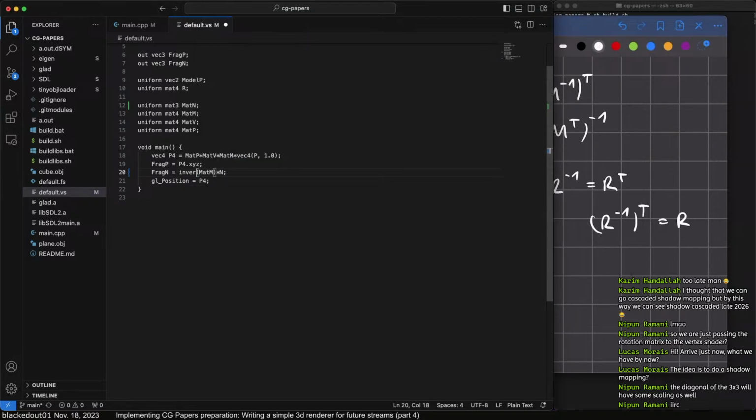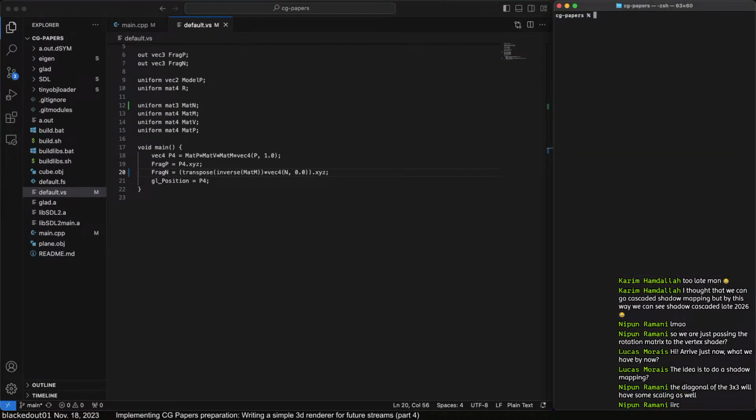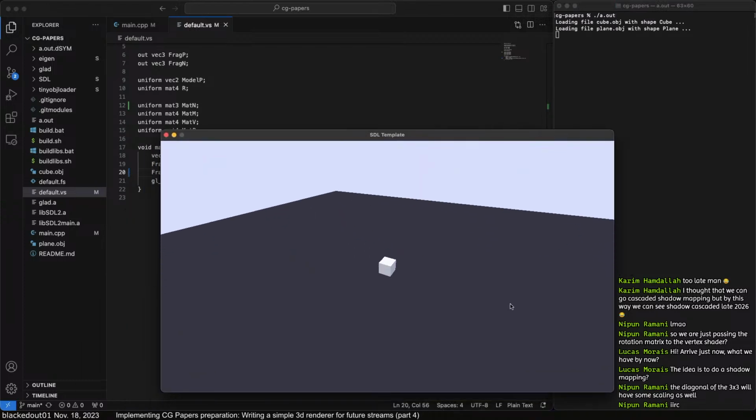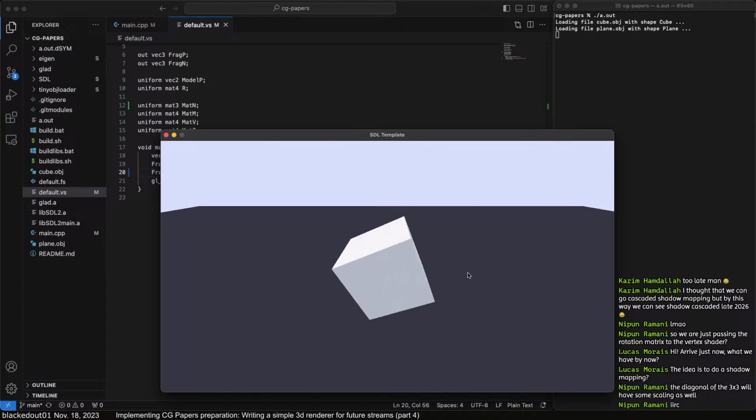So inverse and then transpose. And then, of course, you need a 4x4 vector because this is a 3x3 vector. And the last part is 0 because we don't want to include the translation. And if we take then the XYZ part of this, it should work as well. Yeah, so this works as well.